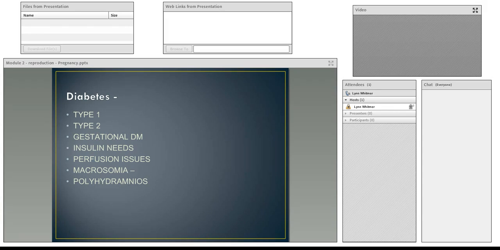Polyhydramnios is another issue we see. Remember, I already mentioned that. Too much fluid around the baby is called polyhydramnios, and we see that in diabetes. So if you note that you're getting fundal height greater than gestational age, and you're not feeling that the baby's really big, we go to look for the polyhydramnios.